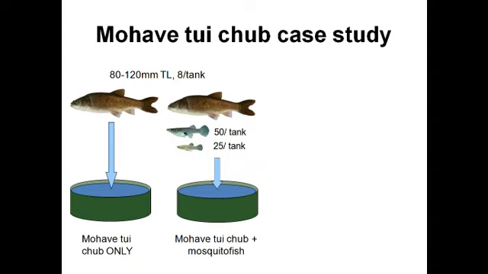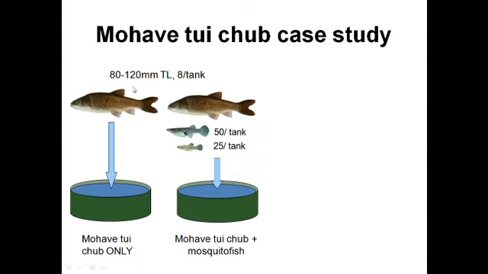And for one group I stocked some mosquito fish too. So in this case my treatment is Mojave tuichab plus mosquito fish group, because I'm introducing my treatment, mosquito fish, and I kept the other group without any mosquito fish.